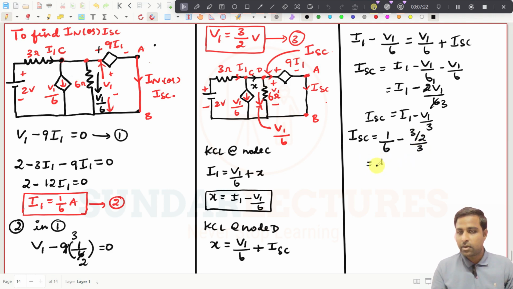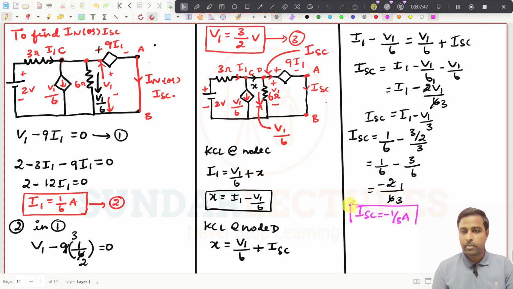What will you get? 1 by 6 minus 3 divided by 6, since multiplying these two gives 6. So both have the same denominator, and if you subtract these two, it will be minus 2 by 6. So this will be 3 times and this will be 1 time. ISC will be equal to minus 1 by 3 amperes. This is the expression we have got for ISC. So we have found ISC.